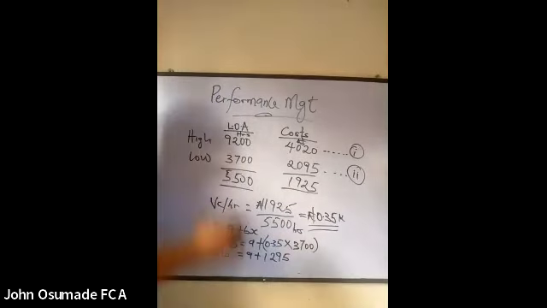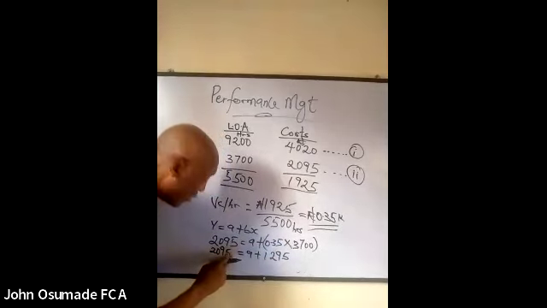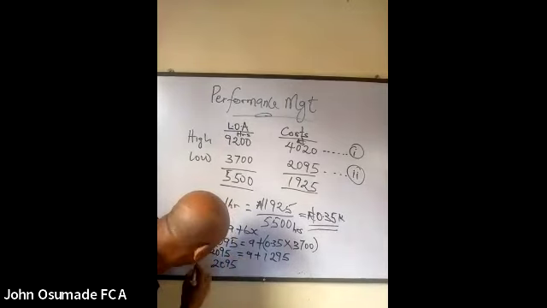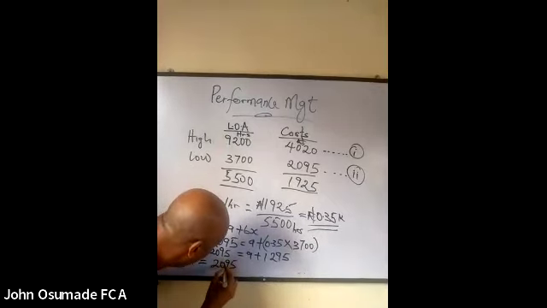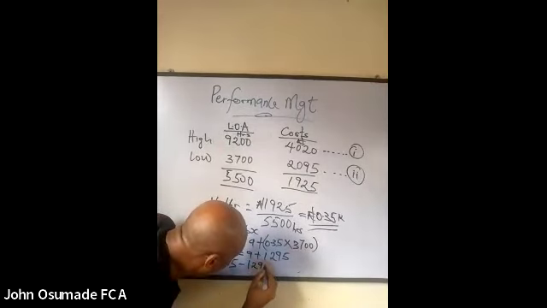Now, we want to move this one to this place. It becomes a minus. That's A equals 2,095 minus 1,295.